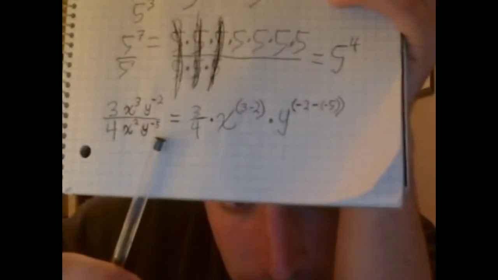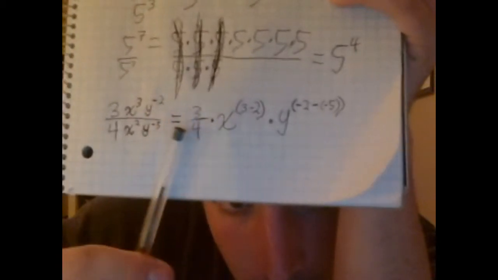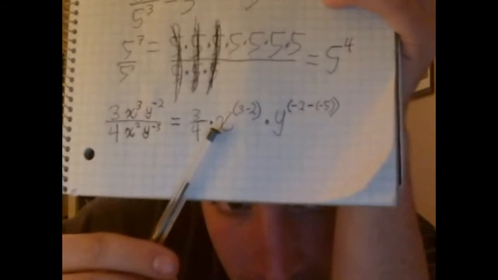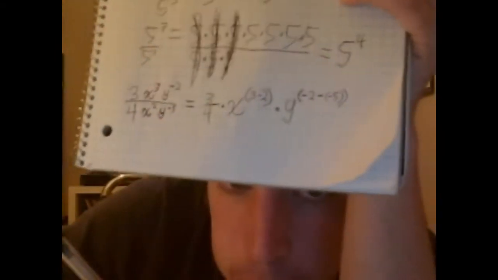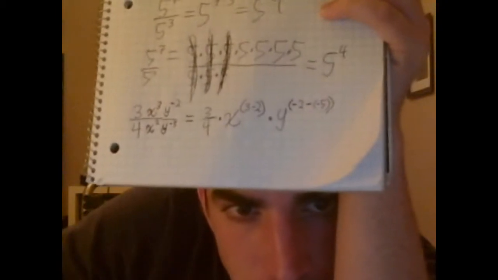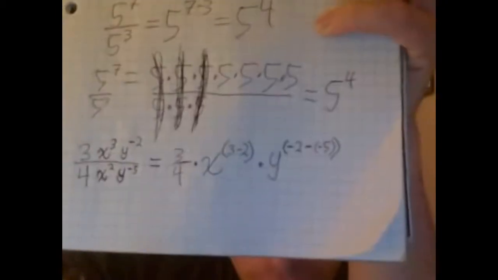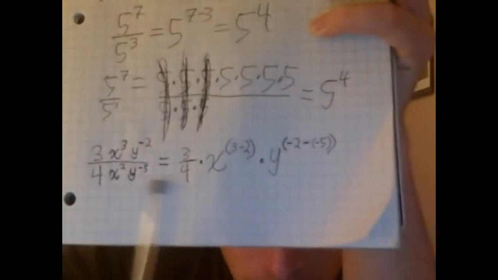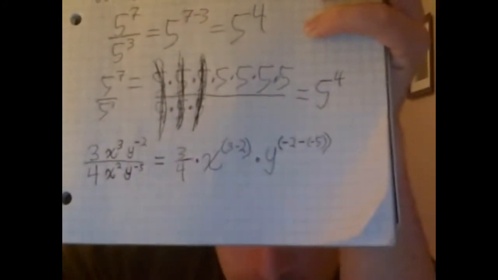Our 3/4 sticks around, it's just 3/4. Our x's, we have... alright, so we see that our numbers combined, 3/4 becomes 3/4, sticks around.